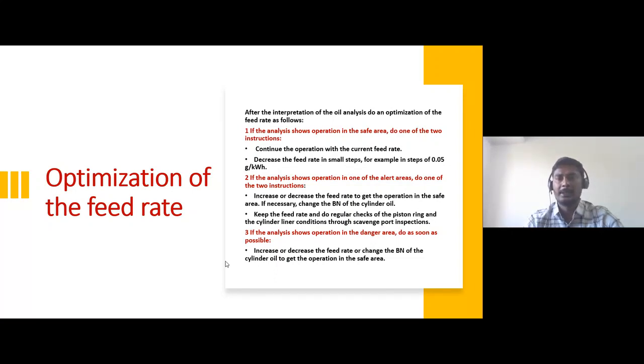That is hard material, and it will wear out the liners. So be careful to set and maintain the feed rate correctly, because wear shows up as iron above 500 ppm. It is a very important thing to check whenever we see the oil analysis report.